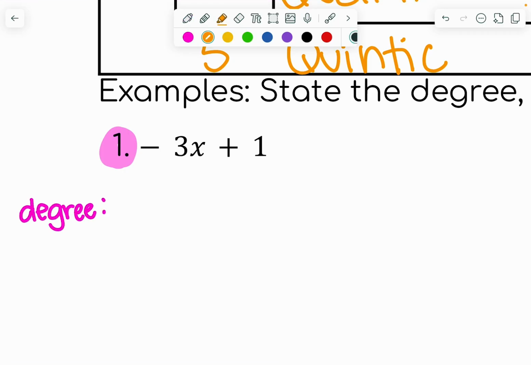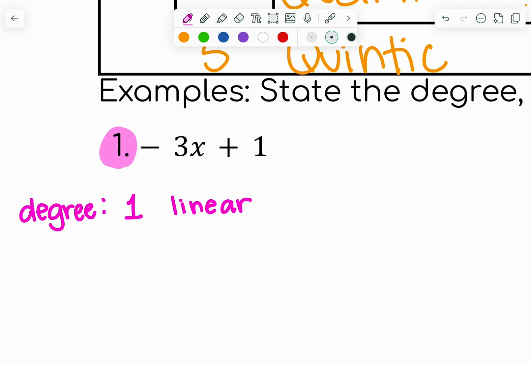In this case, I'm looking for, is there an exponent attached to that x? And there isn't. So this has a degree of 1, making it linear.